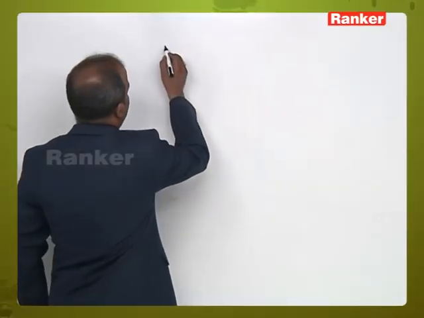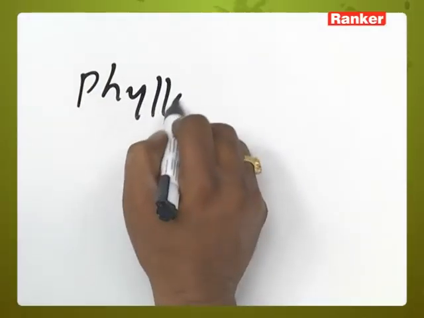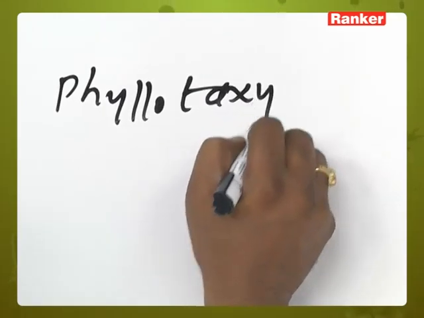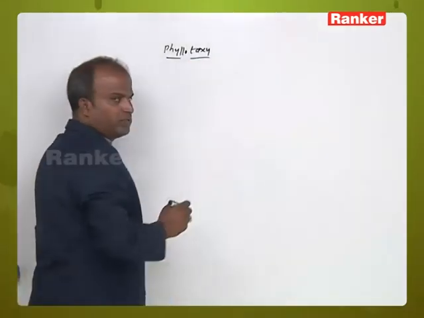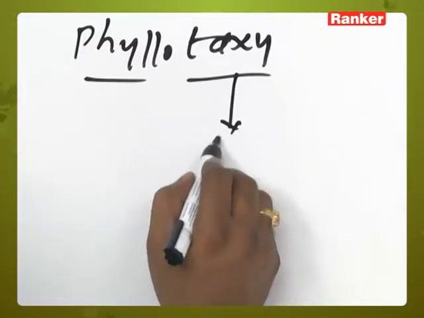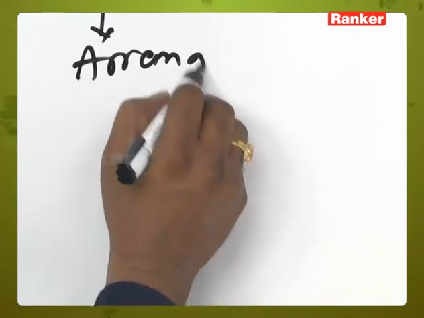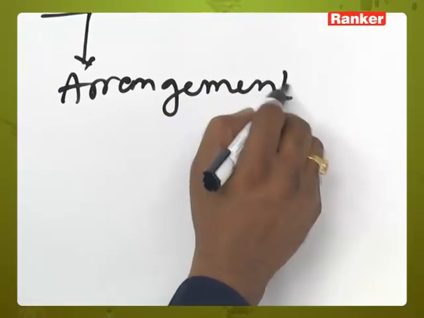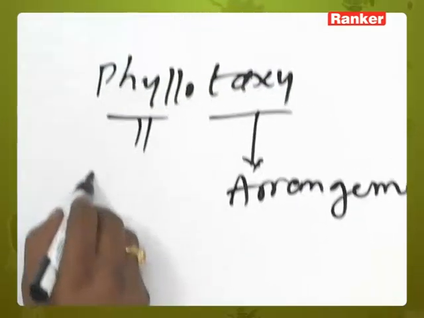Next goes to Phyllotaxy. What is meant by Phyllotaxy? Taxy means arrangement, and phyllo means leaves.